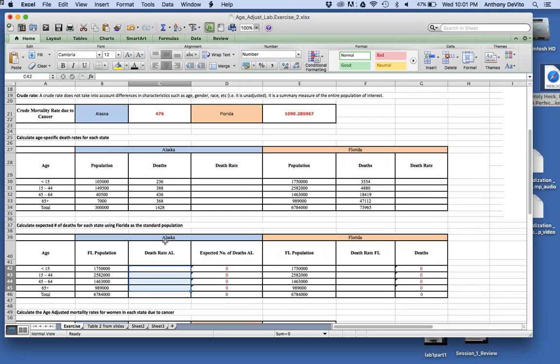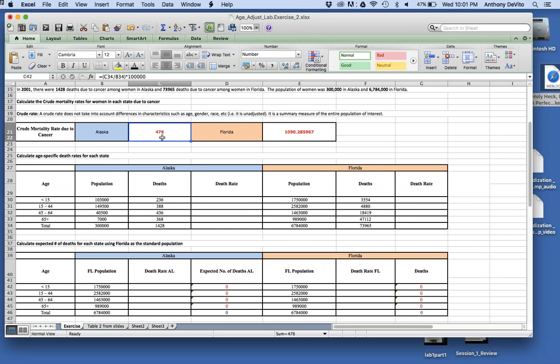I think you can probably guess that the population age distribution for Florida is a much older population than Alaska, including for women, probably men too, because it's a popular retirement spot. So perhaps this is due to age.